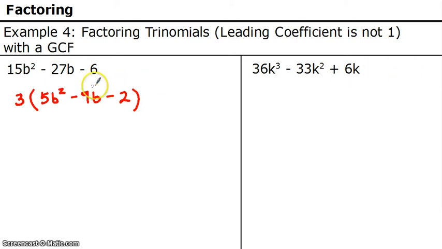Okay, so let's go through the process that we just did. We're going to multiply the 5 times negative 2. That's negative 10. Need numbers that will multiply to be negative 10, add to be negative 9. So that's going to be 1 and negative 10.